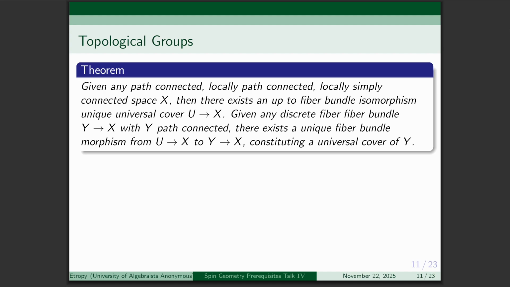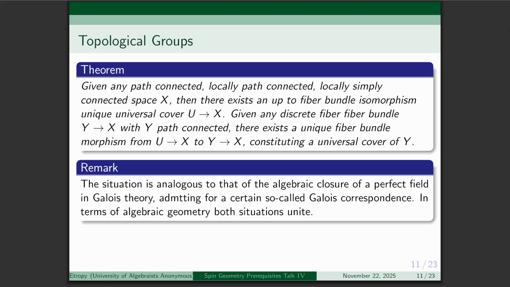This is very analogous to what one has in Galois theory, where you have some Galois field extension. For example, the algebraic closure of a perfect field, and you have the in-between extensions. The algebraic closure, being algebraically closed, let's call being simply connected.